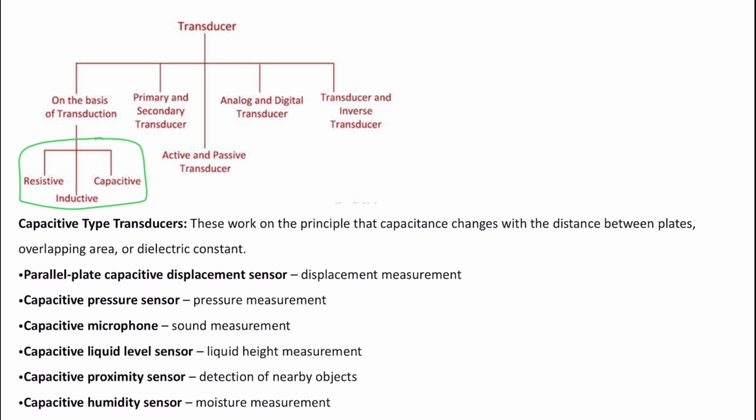Let us see different types of capacitive type transducers: parallel plate capacitive displacement sensor, capacitive pressure sensor, capacitive microphone, capacitive liquid level sensor, capacitive proximity sensor, capacitive humidity sensor.